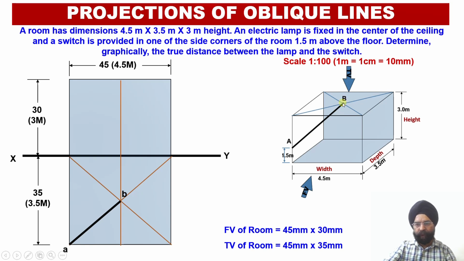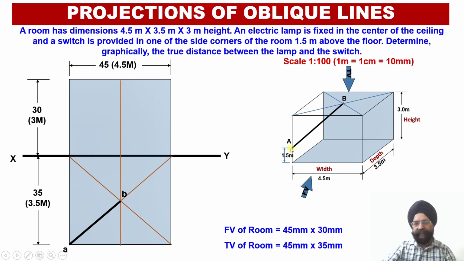So in the front view, this point B, we can check, will be projected over here. As I am going to look at this particular electric lamp from the front, I need to obtain the center point corresponding to the width. So this point B will be projected at the center of this particular width over here. It is this point. So point B dash will be located over here.